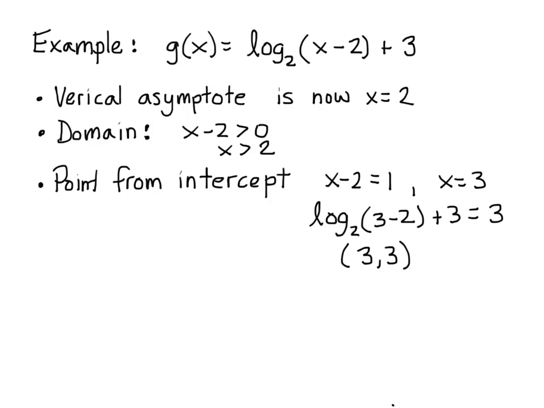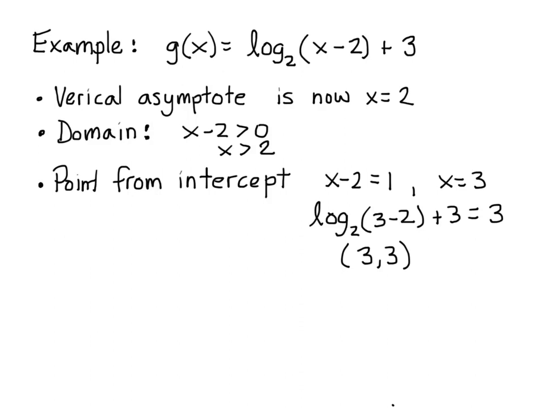Yes? Can you re-explain that, please? The point from the intercept, why that's important and how we can find that? Sure. So I'll refer back to the graph that we had before. What we want to do is figure out where the log of whatever expression we have is going to be 1, so that the log will equal 0.